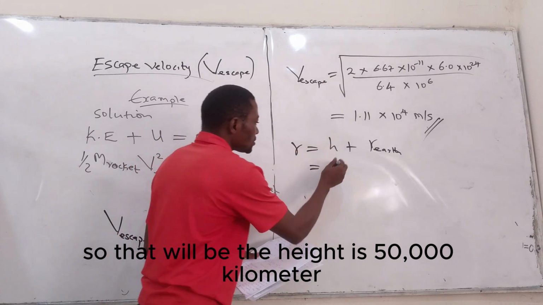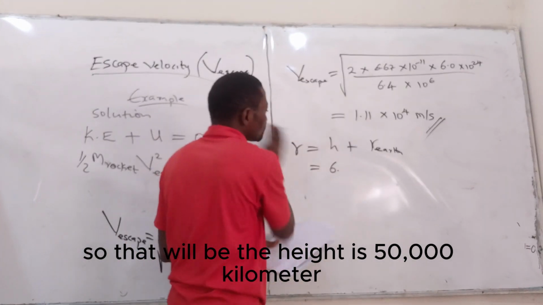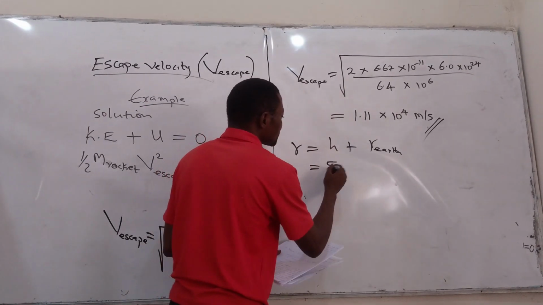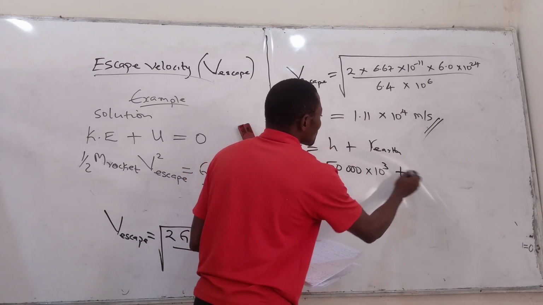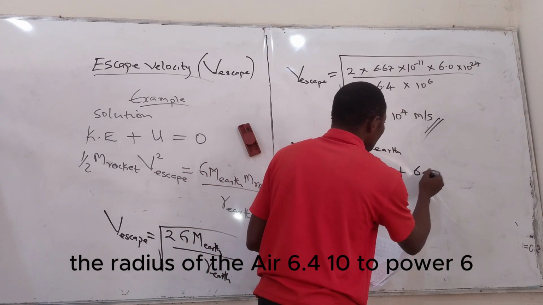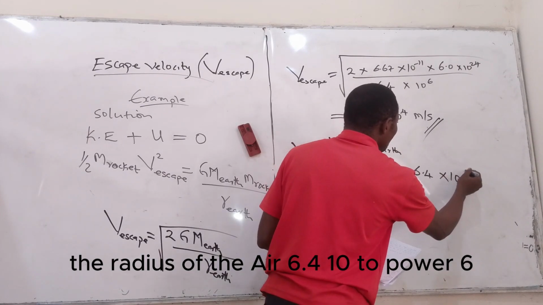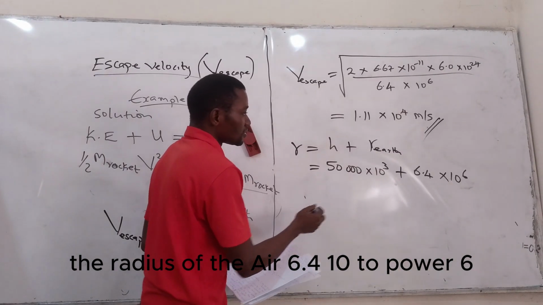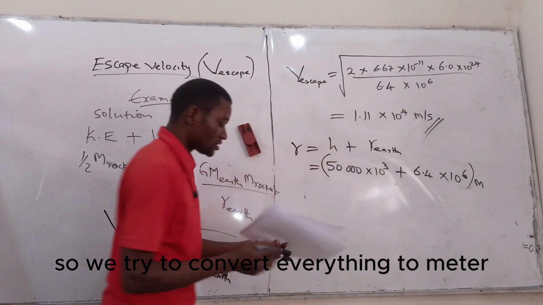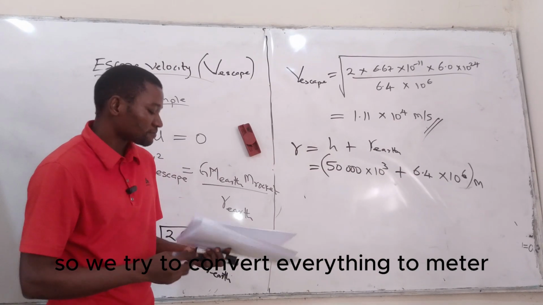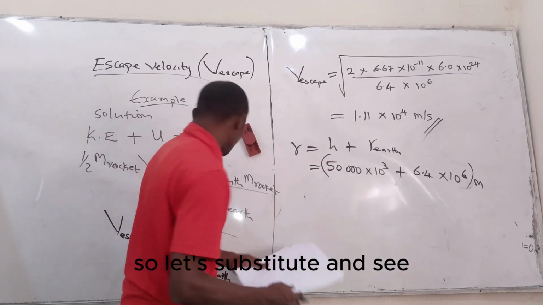So that will be, the height is 50,000 kilometers, and the radius of the Earth, 6.4 times 10 to the power 6. So we try to convert everything to meters. So let's substitute and see.